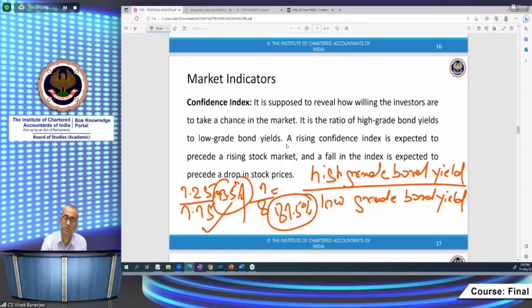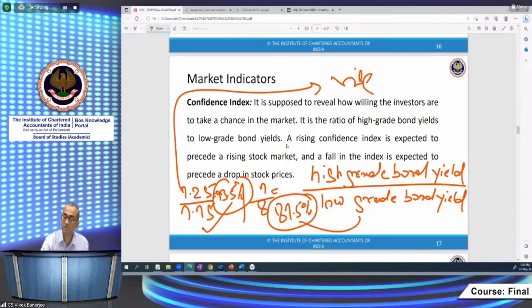The previous one is showing the confidence index, because it shows that there is less fluctuation in bonds. मतलब हाई ग्रेड बॉन्ड यील्ड और लो ग्रेड बॉन्ड यील्ड दोनों में ज्यादा डिफरेंस नहीं है. तो इसका मतलब फ्लक्चुएशंस कम है, तो it means stability. So people are more inclined to invest in the stock market, and the chances are the stock market will rise.